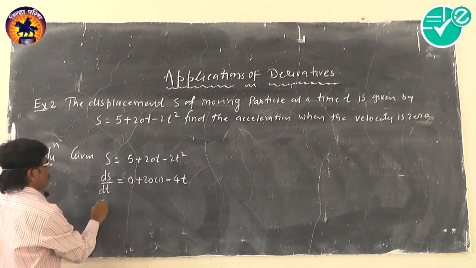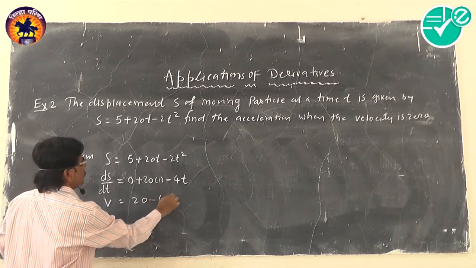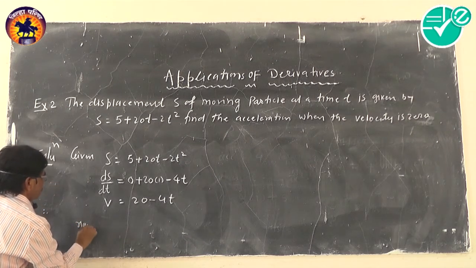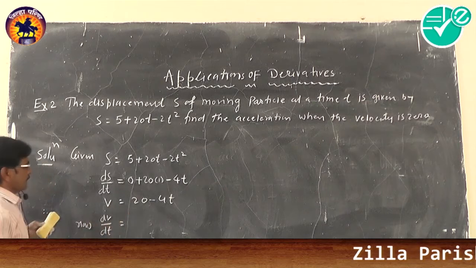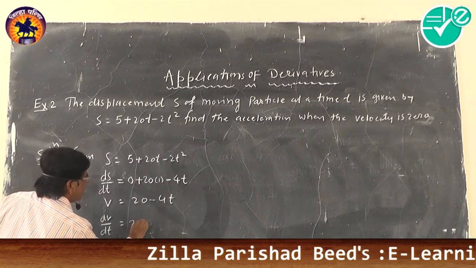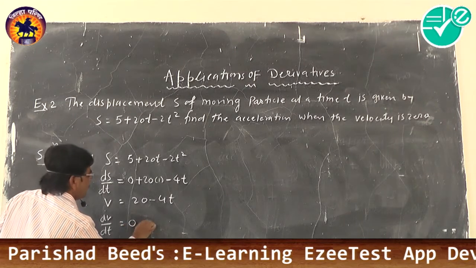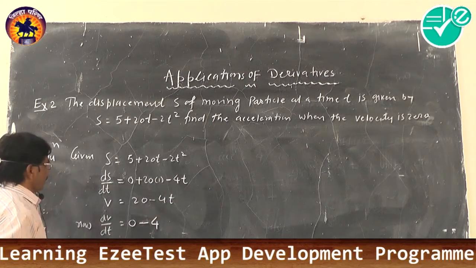Therefore v is equal to 20 minus 4t. Now dv by dt, that is acceleration, is equal to the derivative of 20, which is 0, minus 4, derivative of t being 1.